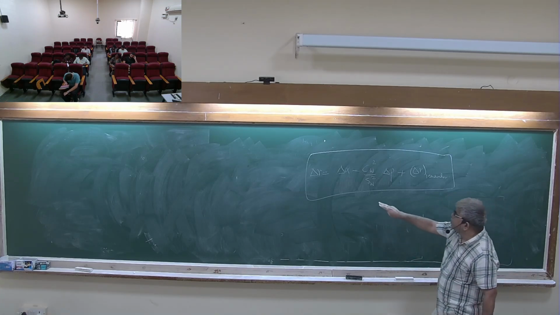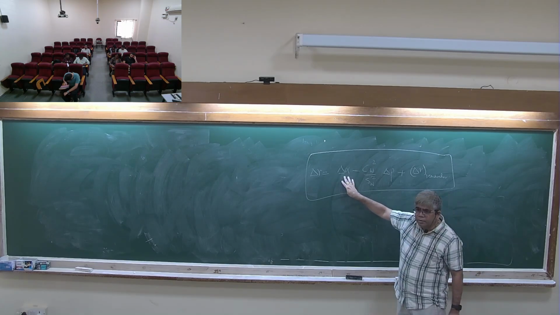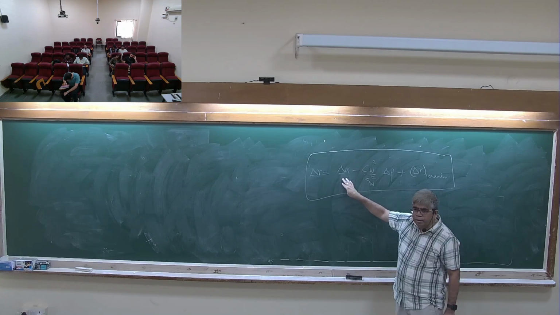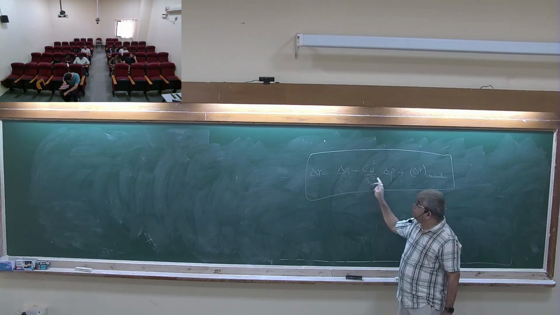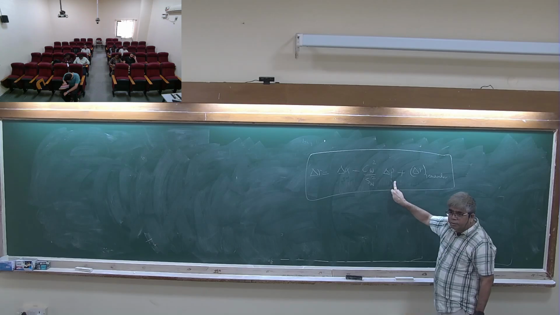Delta alpha will contain the error coming from delta alpha leptonic, delta alpha top, delta alpha hadronic. Fine. This will contain the error, the largest error in all these three. Delta rho we know, we have calculated it.